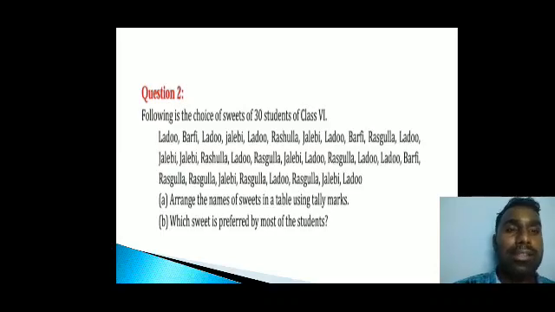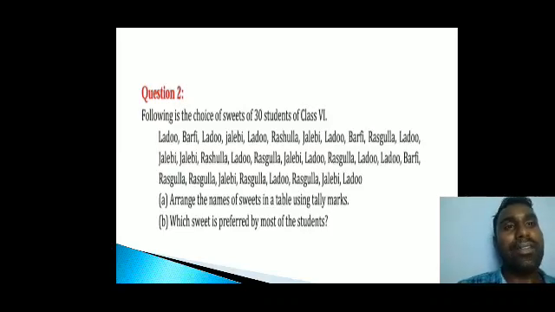First we have to analyze the question: arrange the names of sweets in a table using tally marks. So for laddu how many persons, for rasgulla how many persons, for jalebi how many persons. And which sweet is preferred by most of the students, that means mostly what they like.